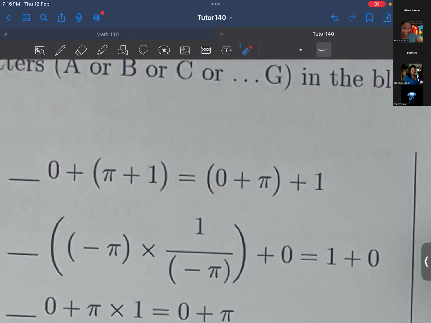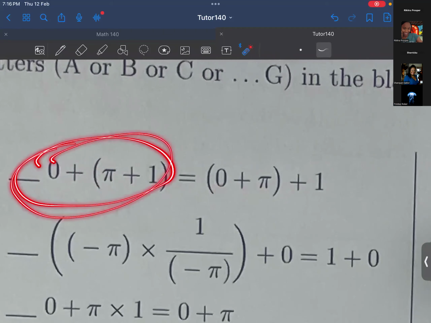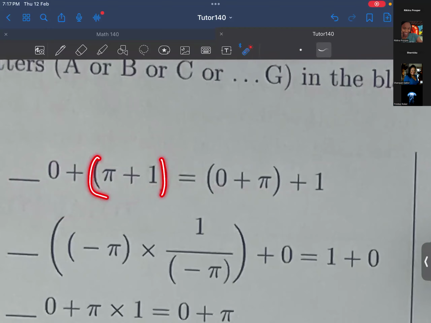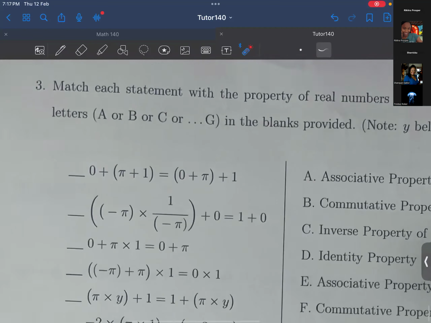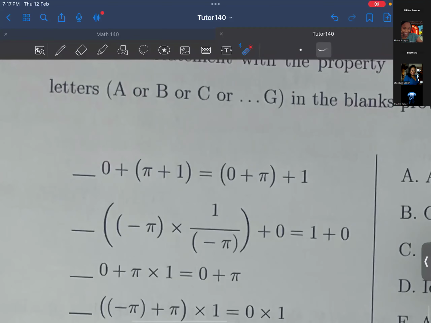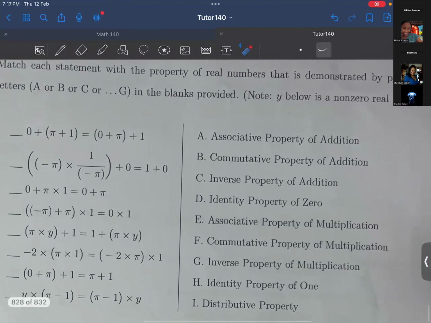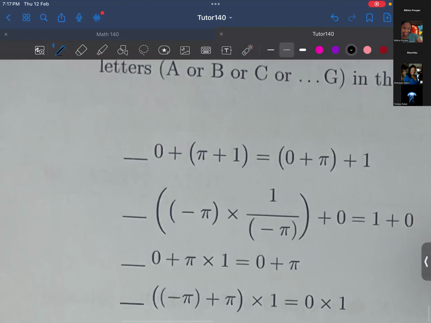Over here, we're adding 3 numbers. We had 2 particular numbers grouped, but over here, another 2 numbers were grouped. So this tells me that this is the associative property of addition. That tells us that when we add 3 numbers, we can group them in any way. So associative property of addition, that is A.